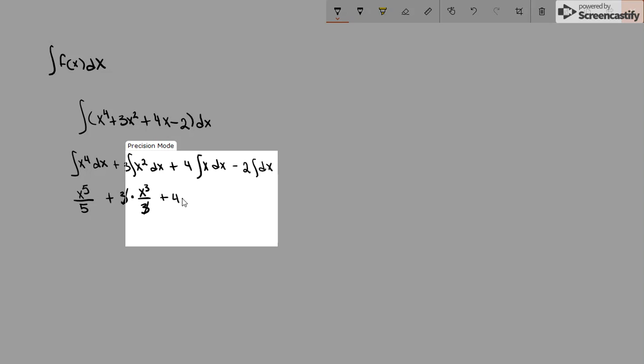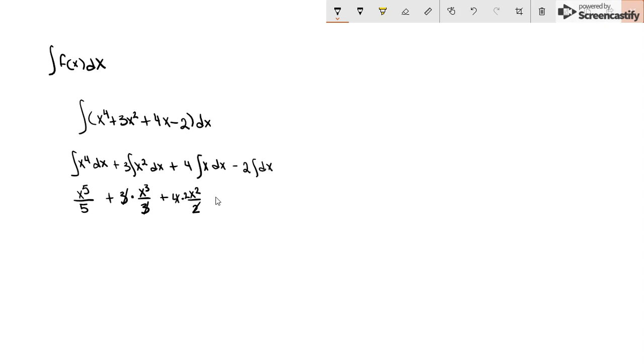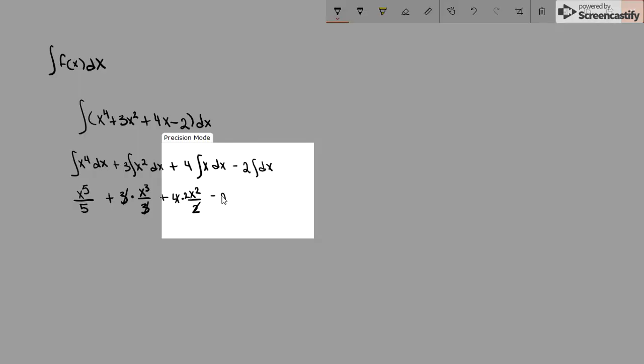Plus, again, leave it outside, x squared over 2. And again, you could simplify this, and that becomes a 2. And I'll clean this up in just a second, because there's another point I have to make. Minus 2 times the integral of dx is always just x. It's very simple. You could think of it as a 1 if you want. So what's the integral of 1? x, right?